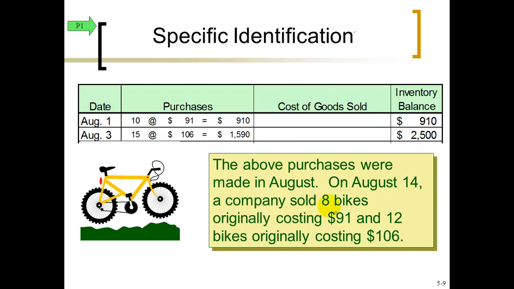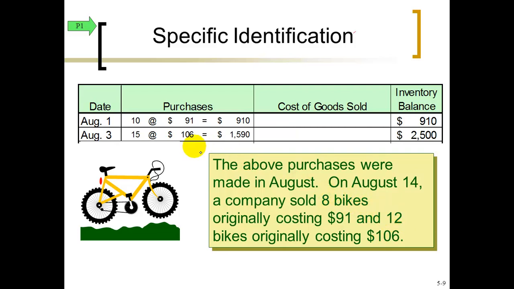So we're told that 8 bikes came from this beginning inventory of 10, and another 12 bikes sold came from this first purchase of 15. So we take the 8 and multiply it by the per unit cost. We take the 12 and multiply by the per unit cost, and that's going to be the cost of the 20 bikes we sold.